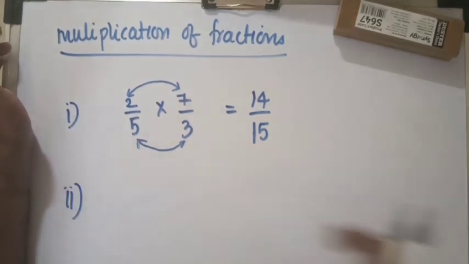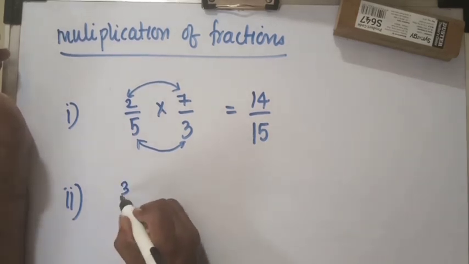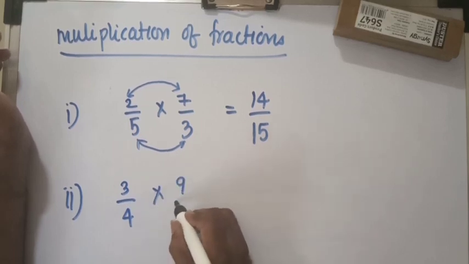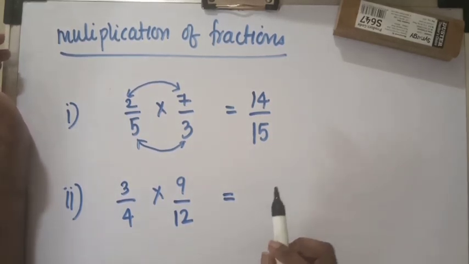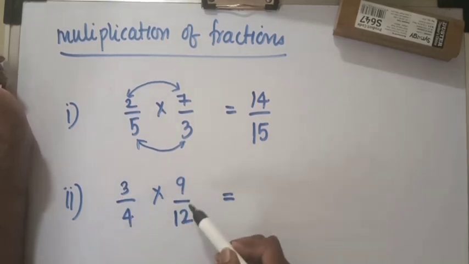Now second, how do you multiply a fraction? See, the question I'll take it as 3 by 4 and say I multiply it by 9 by 12. Okay, say this is the fraction. The first and the foremost thing that you have to do while multiplying the fraction is cancel out the terms.